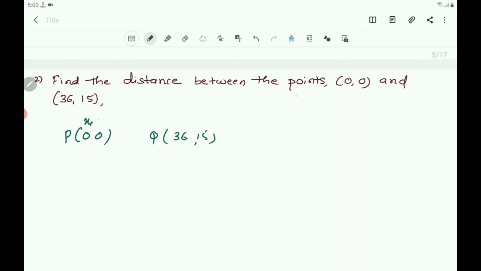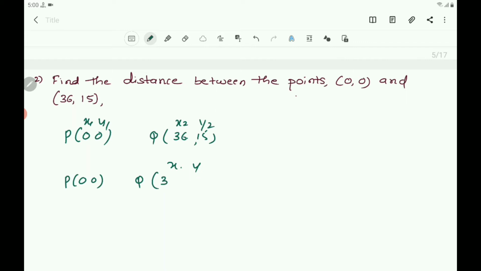Then it is x1 y1, x2 y2. Or if you consider the distance between the origin and a point, then you can have P of 0 0 and Q of 36 15 as x y. That also you can do here.